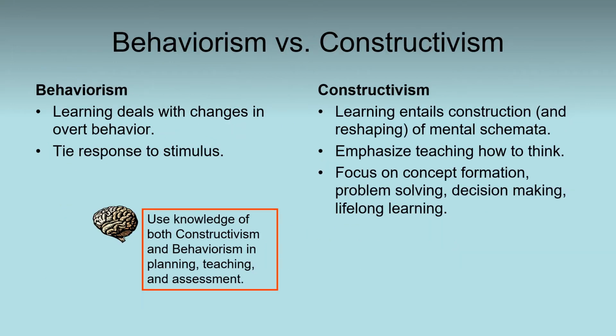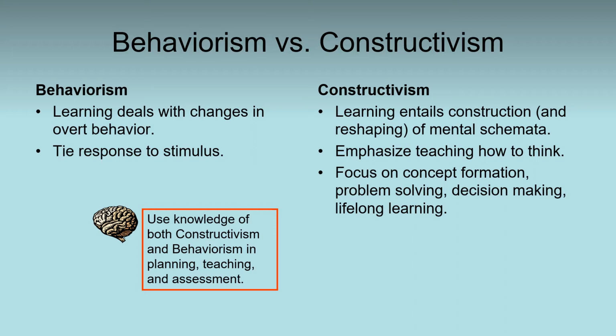When you compare the two theories, behaviorism is dealing with changes in overt behavior, as we're tying responses to a stimulus. So when a learner sees something, the learner then reacts in a certain way. So we're talking about changes in behavior. To review, in constructivism, we're talking about constructing mental schemata.